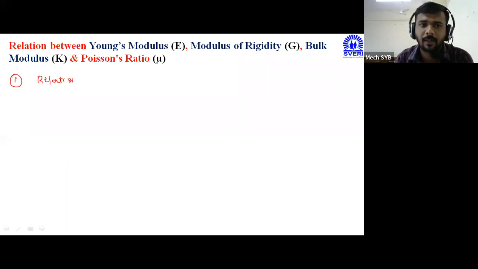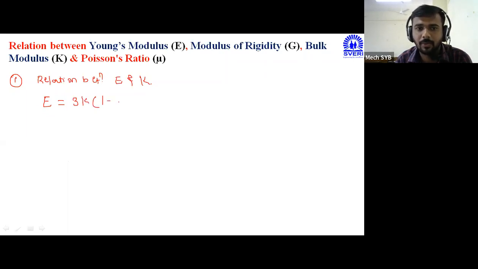Relation between E and K. Relation between E and K, that is E is equal to 3K in bracket 1 minus 2 mu. So write down this formula in your notebook.